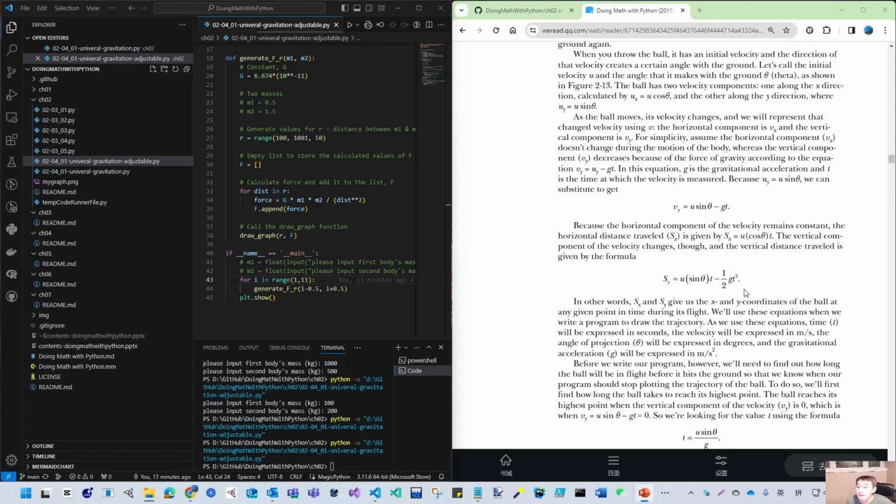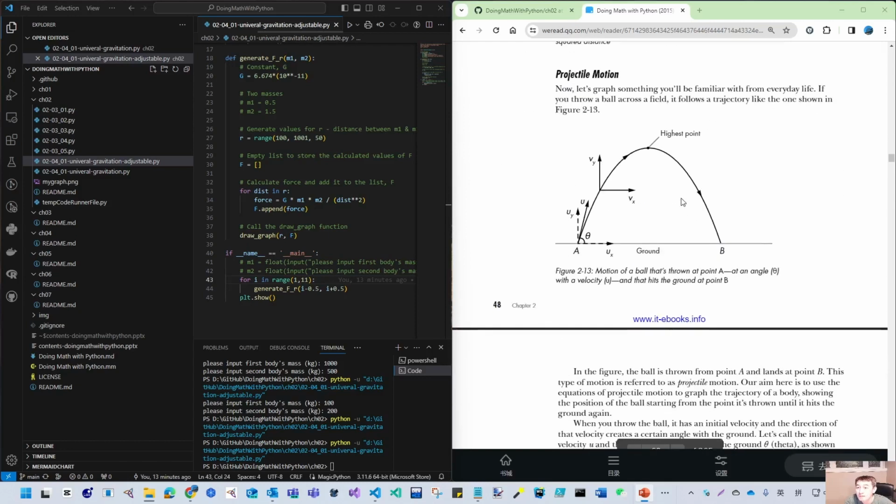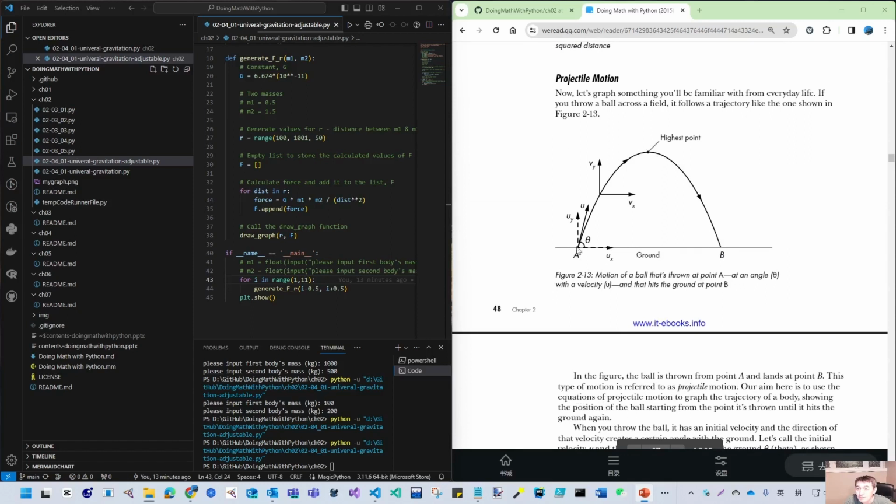So that is how we calculate the vertical distance traveled, and in the calculation we will have some boundary values. The boundary value is when the object reaches the highest point.